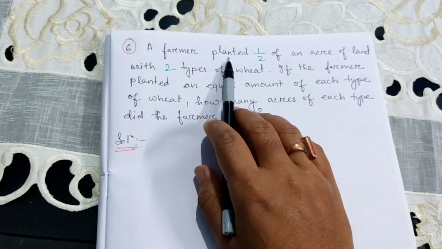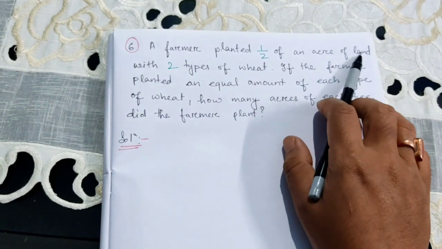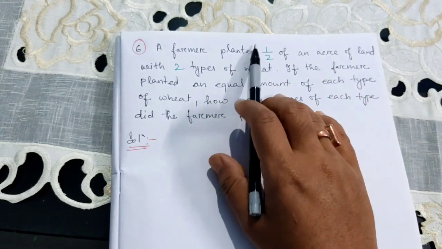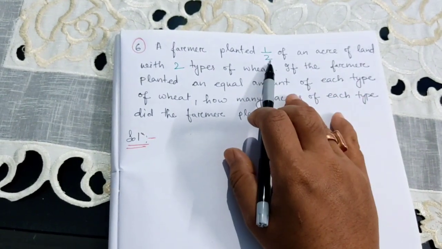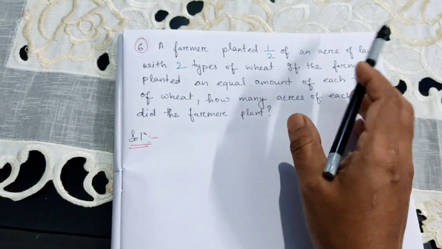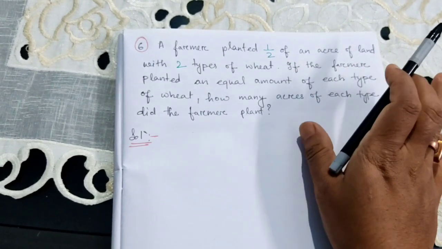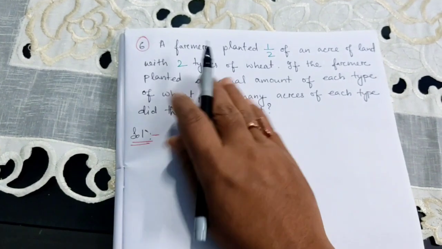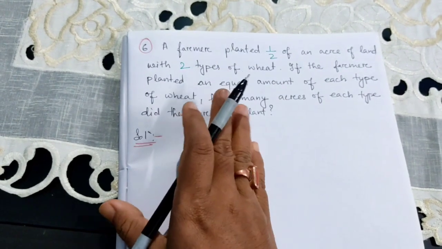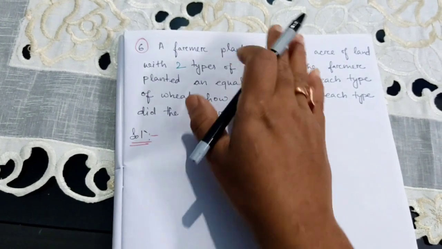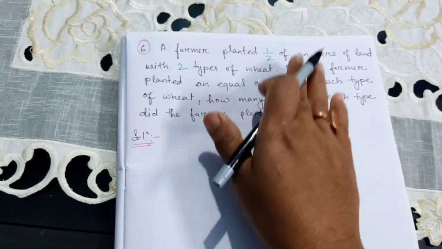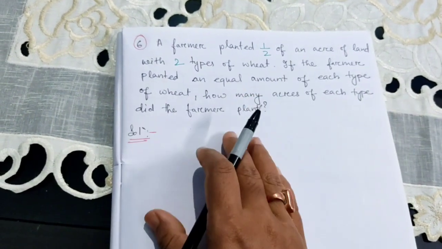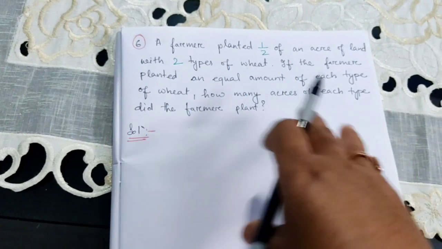So the total amount of land is half an acre, and on that land 2 types of wheat are planted equally, that means the half acre of land is divided into 2 parts equally, so that it can plant 2 different types of wheat.